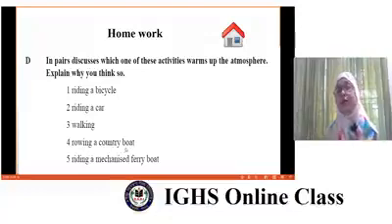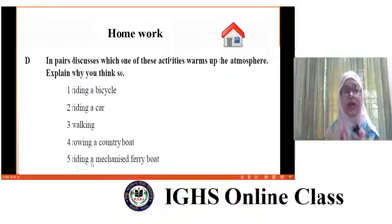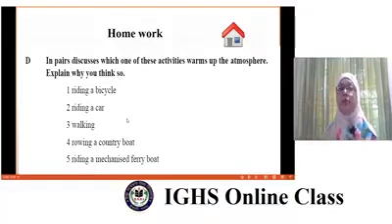Rowing a country boat, that means আমাদের যে দেশীয় নৌকাগুলো আছে, বৈঠা চালানো, হাতে চালানো, যেটা মাঝি বৈঠা টেনে টেনে চালায়, সেটা চালালে আমাদের অ্যাটমসফিয়ারটা উত্তপ্ত হয় কিনা, you have to think over this. Riding a mechanized ferry boat, সো এখানে এটা যন্ত্রচালিত ফেরি বোটের কথা বলা হয়েছে. So you will consider all 5 activities and you have to find out which activity warms up the atmosphere.